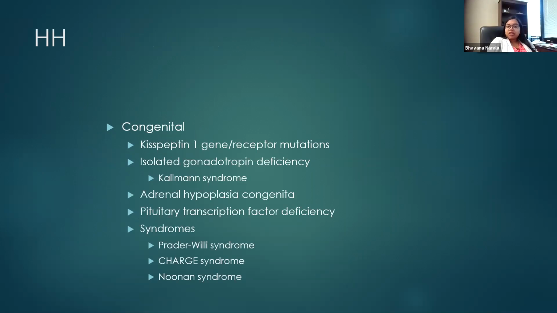Say the 15-year-old patient came in with delayed puberty and has a lack of smell or just decreased smell. Think about Kallmann syndrome, and we'll talk a little bit more. Adrenal hypoplasia, which is congenital, pituitary transcription factor deficiency, and then also syndromes such as Prader-Willi syndrome, CHARGE syndrome, and Noonan syndrome.